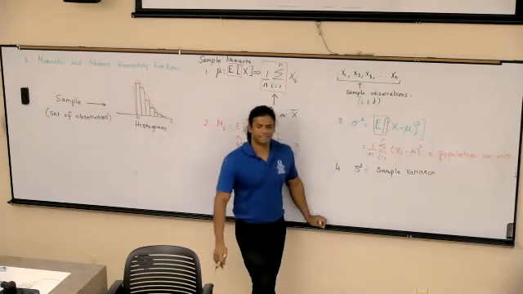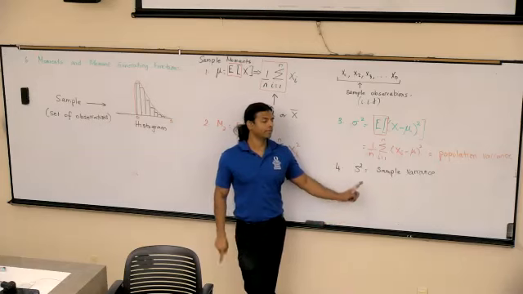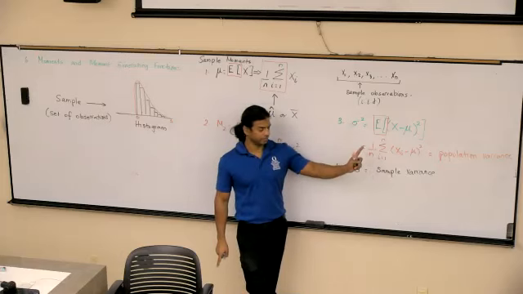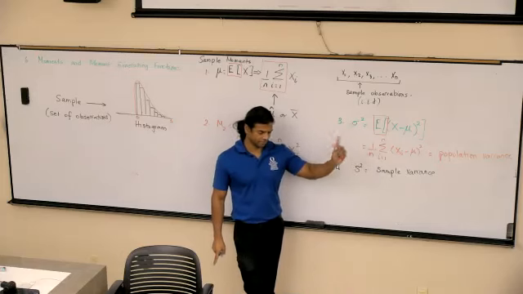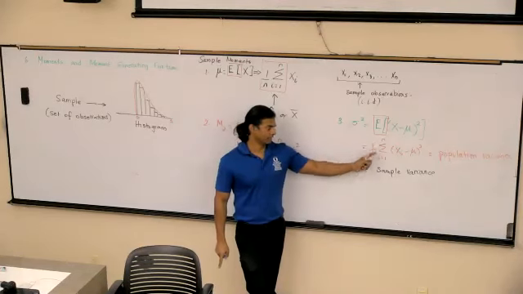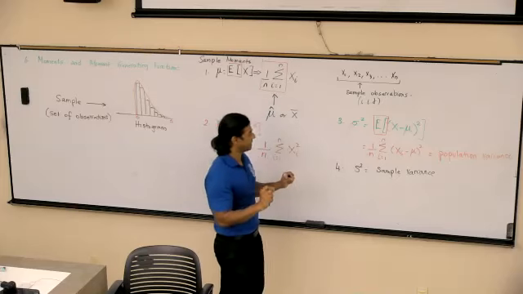S squared is the sample variance. I believe your book calls it S squared sub n. But just put that aside here. I think the author did it that way because he wanted to demonstrate the sample size n in finding the variance.